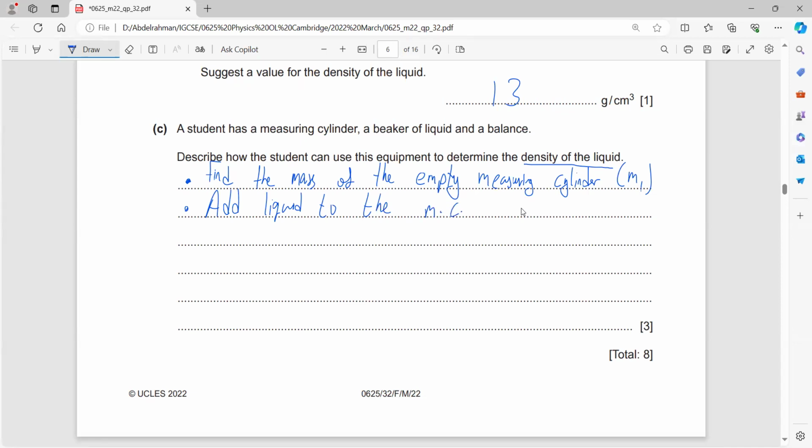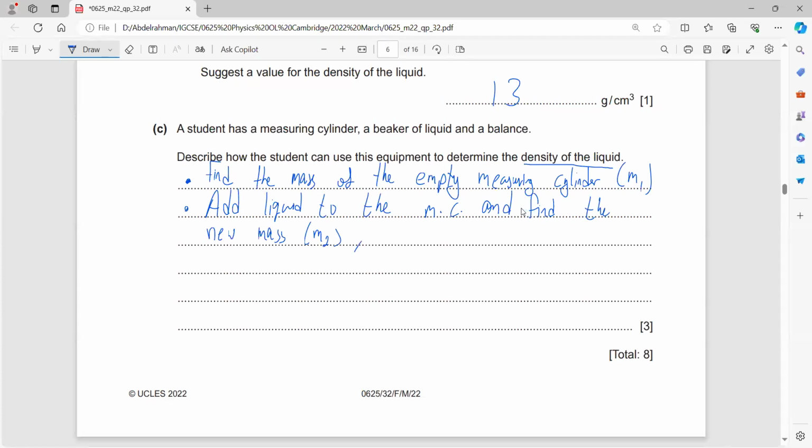In the exam, do not write MC; just write measuring cylinder. Measure the mass and find the new mass, M2.